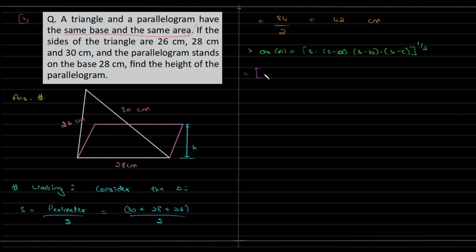So this is equal to 42 into 42 minus 30 into 42 minus 28 into 42 minus 26 to the power of half. So this is equal to 42 into, difference is 12, next will be 14 and next will be 16, because they are decreasing by 2, right? So the difference will increase by 2.